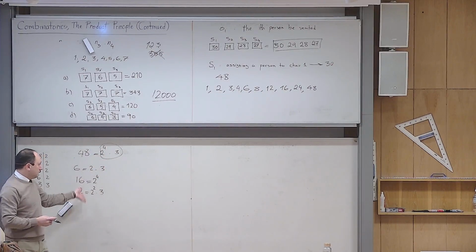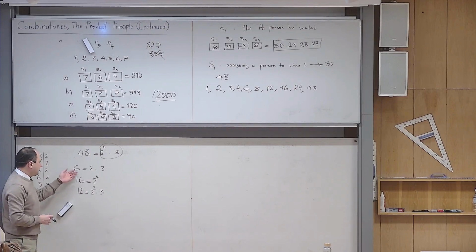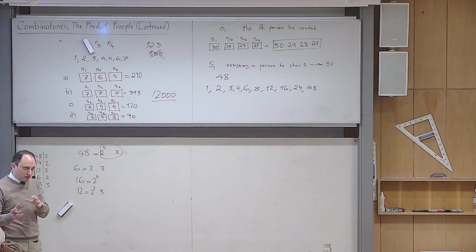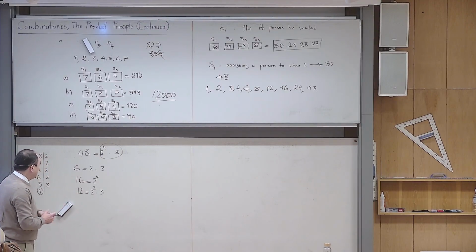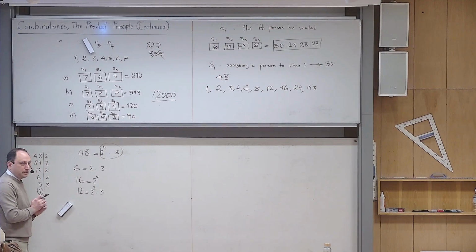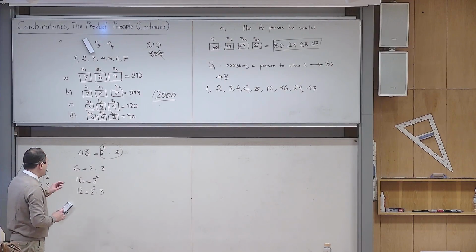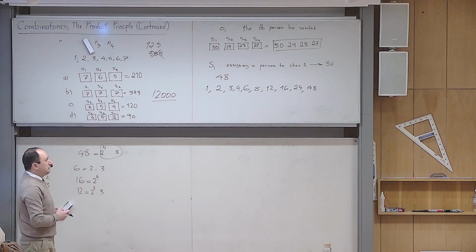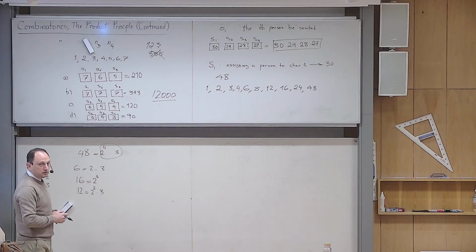So that's completely clear. Can you see that this is also a product rule somehow? Can you relate this way of thinking to the product principle? And if yes, how? Can you tell me what is the general form of all these divisors?